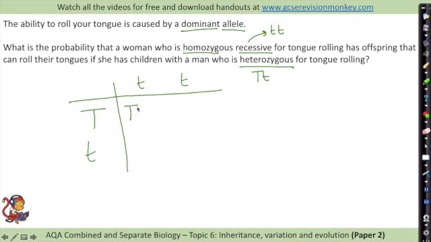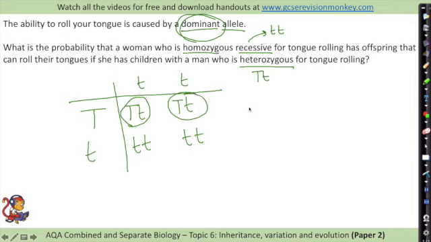Here you would get Tt. Here you get two lowercase t's, two lowercase t's, and here Tt. So if tongue rolling is caused by a dominant allele, anytime you've got a capital letter, you will be a tongue roller. So here we finish it off by saying you've got a 50% chance of tongue rolling.